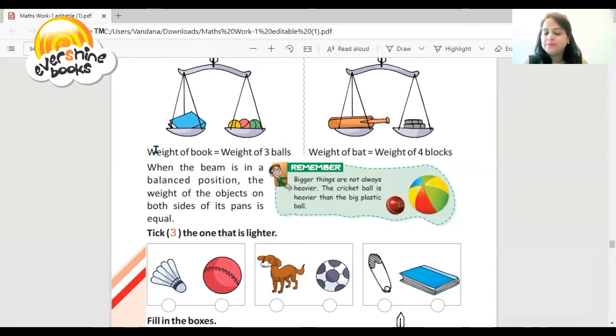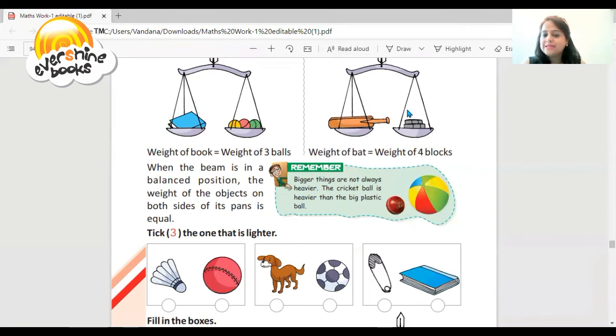It means when the beam is in a balanced position, the weight of the objects on both sides of its pans is equal. These are called pans, 1, 2. 2 pans are there, and this is called the beam. And this is the sign of equal. So students, it's equal from both sides.